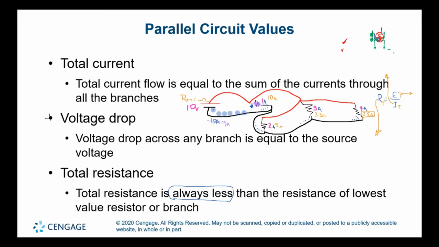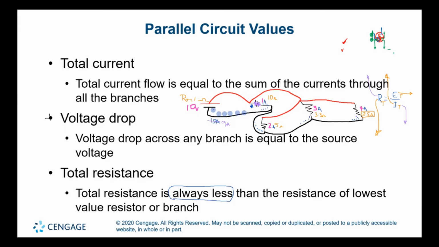That means that my resistance went up, because I didn't change my voltage. When my resistance goes up, my current goes down.